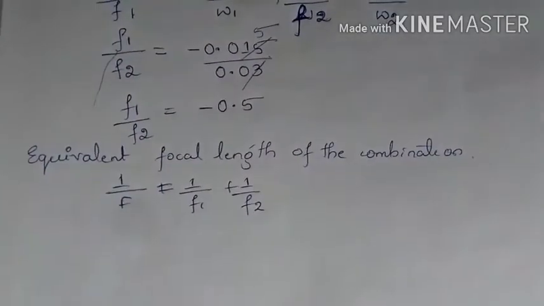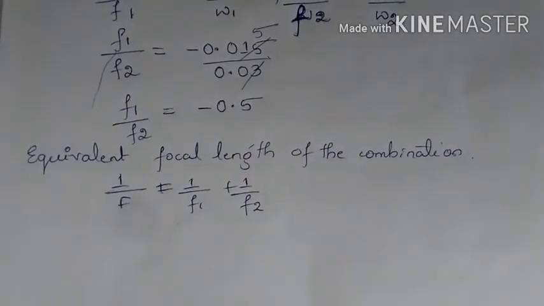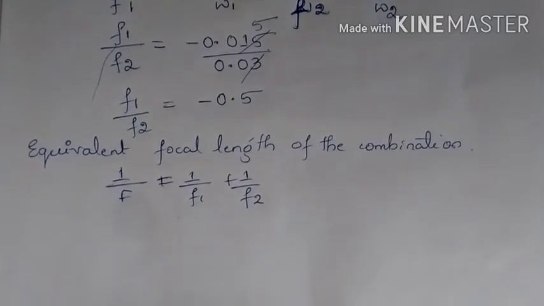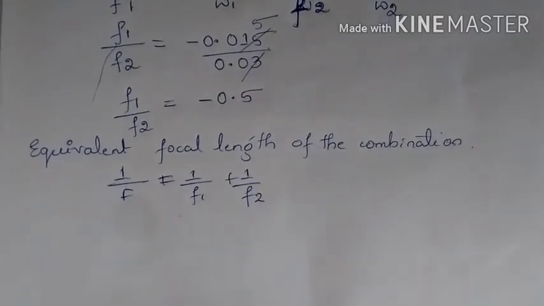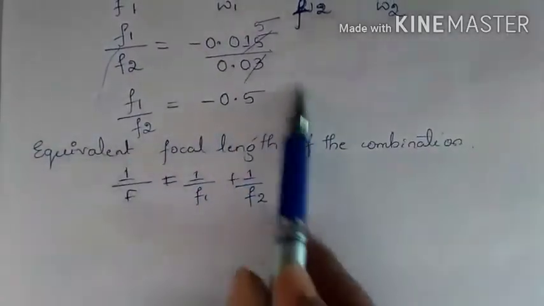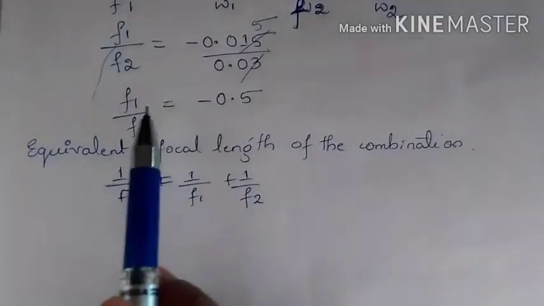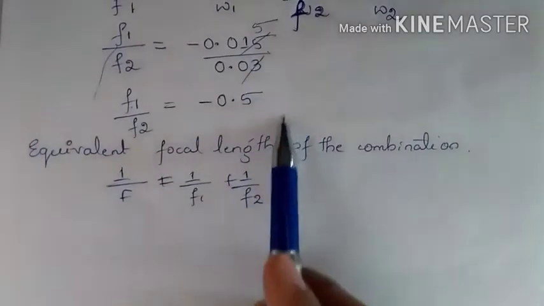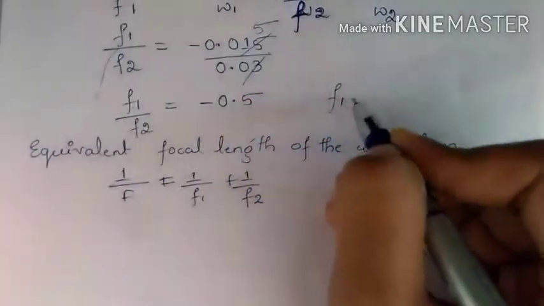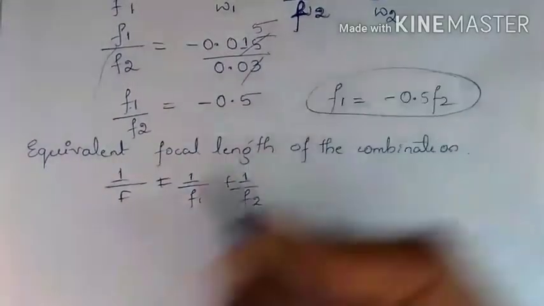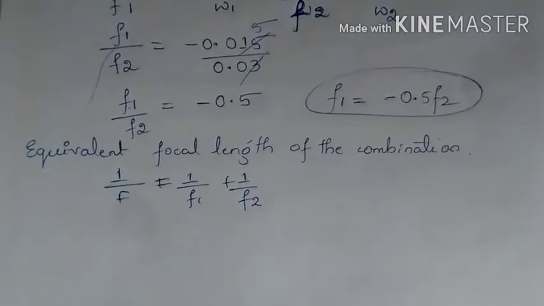From this equation, what you can infer is that F1 will be equal to minus 0.5 of F2. So F1 will be equal to minus 0.5 of F2, and we will use this in the equation.